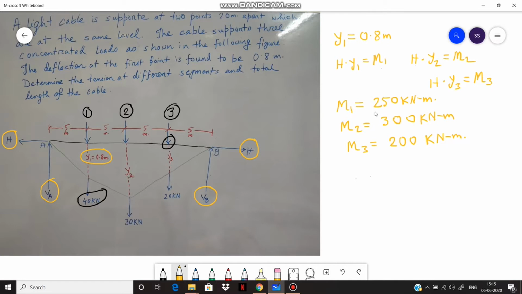Putting the value in this equation, that is this equation of y1 and M1, we get the value of H, that is the horizontal thrust.